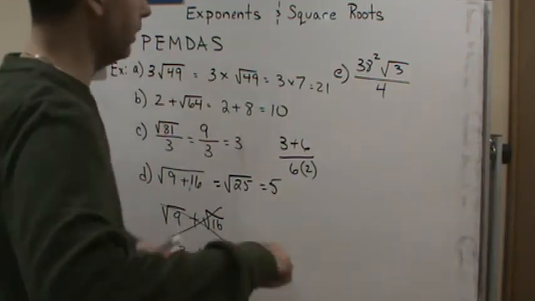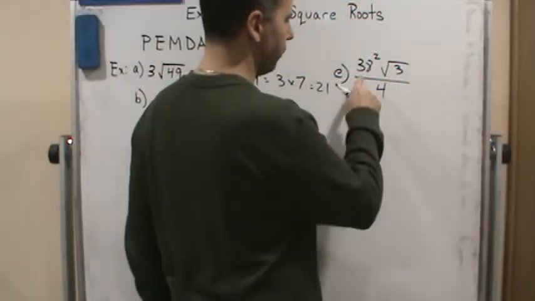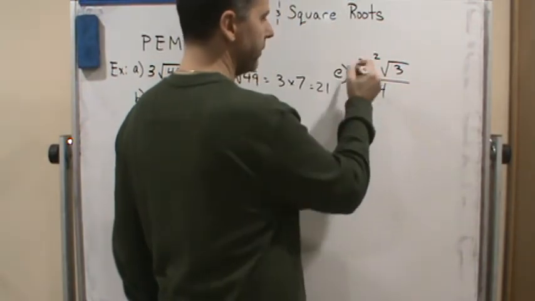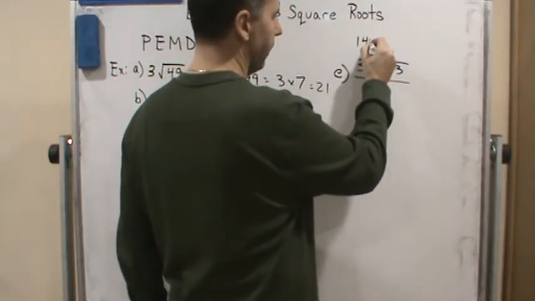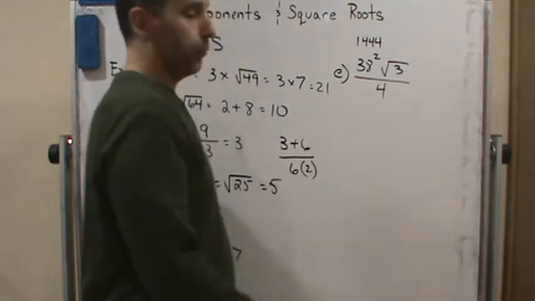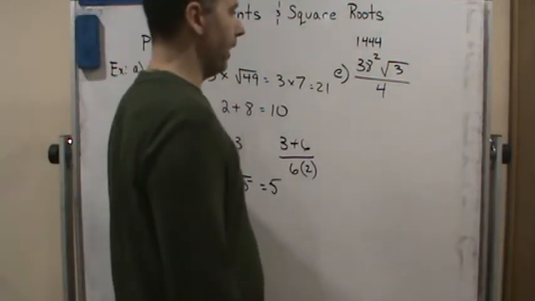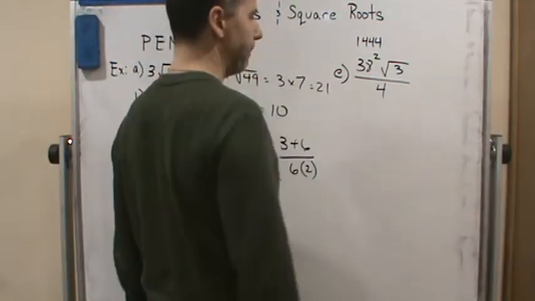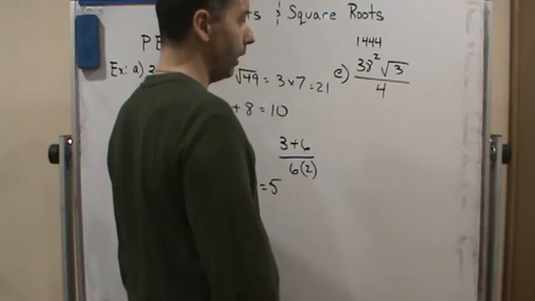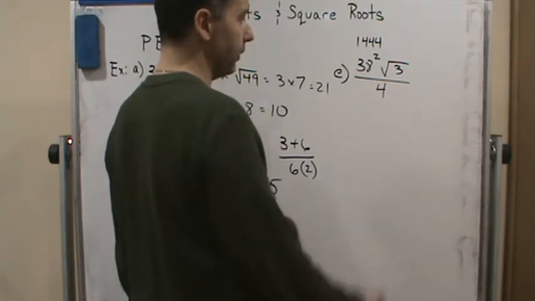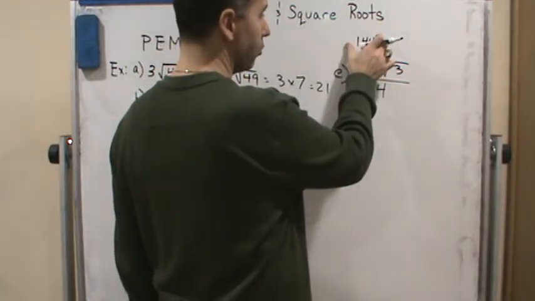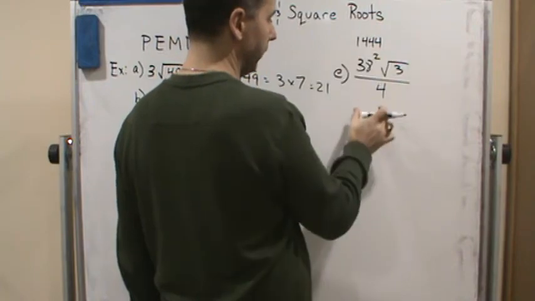Now, the last one here, notice that we could square this. Now, 38 squared is 1444. And we can divide that by 4, right? That would give us 361.